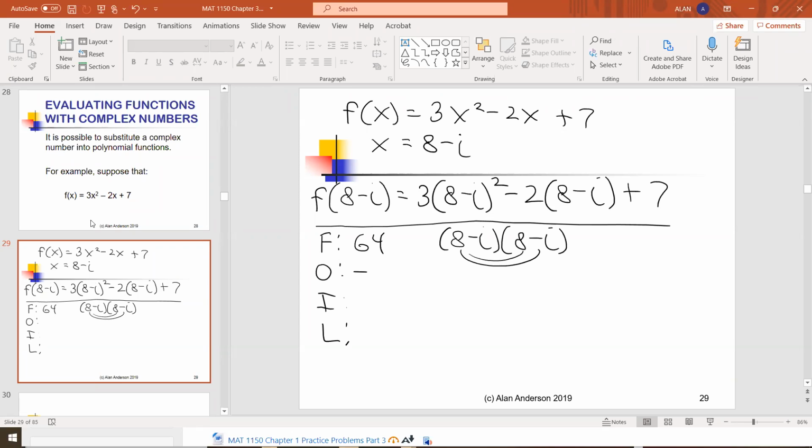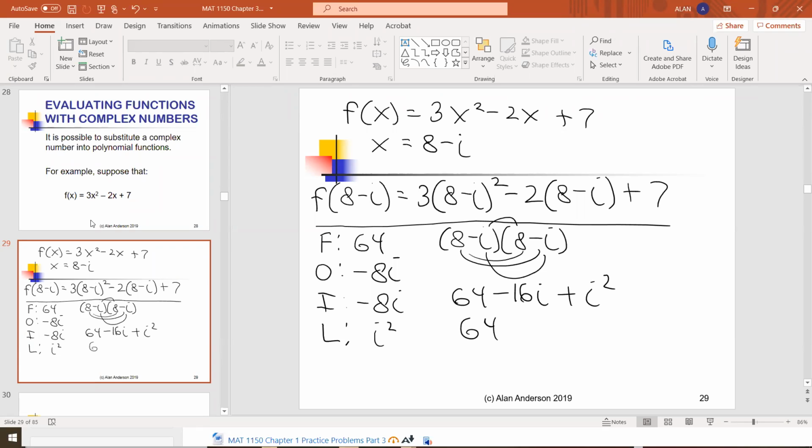O is minus 8i. I is also minus 8i. And then when we square these two i's, well, we know what's going to happen there. We're going to have 64 minus 16i plus i squared. But remember, i squared is minus 1. So we end up with 63 minus 16i.